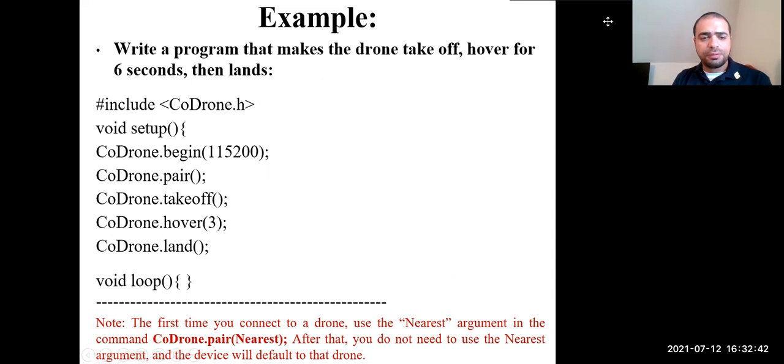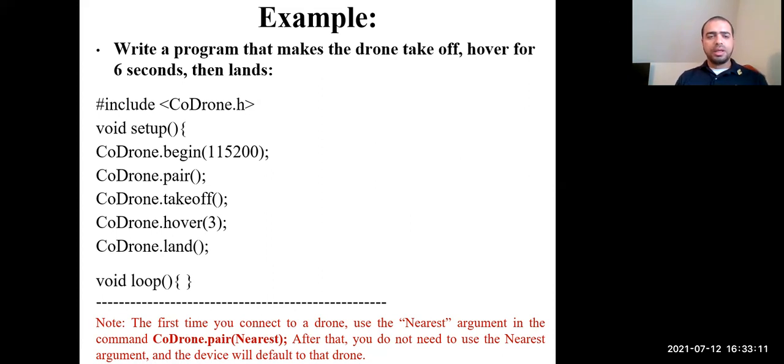The first line of code that we need to include is include. So we have the pound sign, include, then the smaller and the greater than signs. In between them, you put CoDrone.h. Again, this here is a directive. It's not a command. It's a directive that tells the programming environment to include this library in the program, because we're going to use its functions.